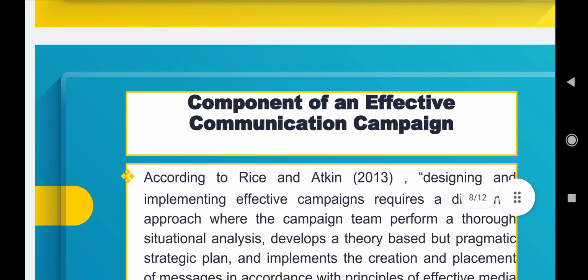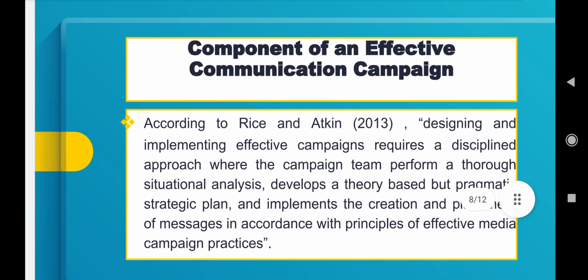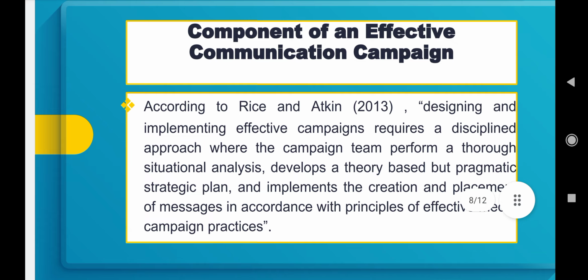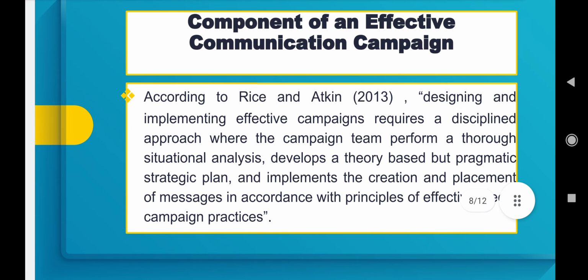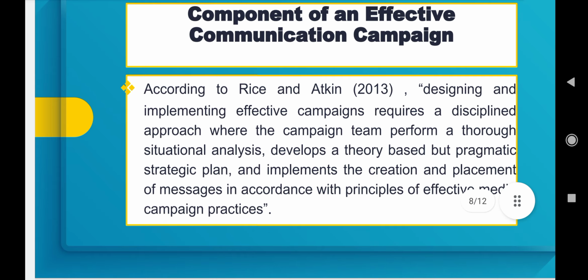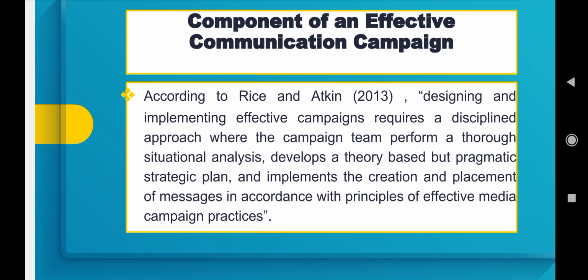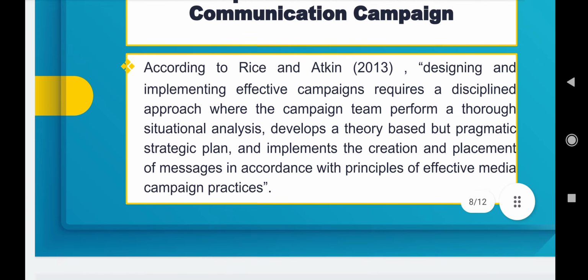Next topic, we have the components of an effective communication campaign. According to Rice and Atkin, 2013, designing and implementing effective campaigns requires a disciplined approach where the campaign team performs a thorough situational analysis, develops theory-based but pragmatic strategic plans, and implements the creation and placement of messages according to principles of effective campaign practices.